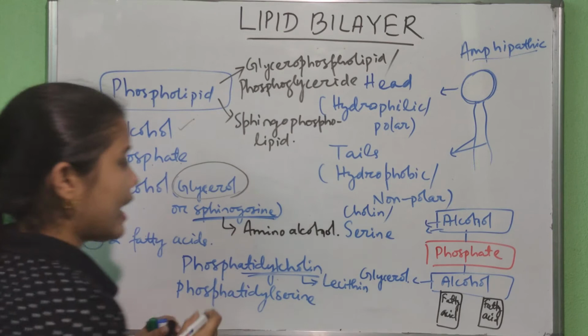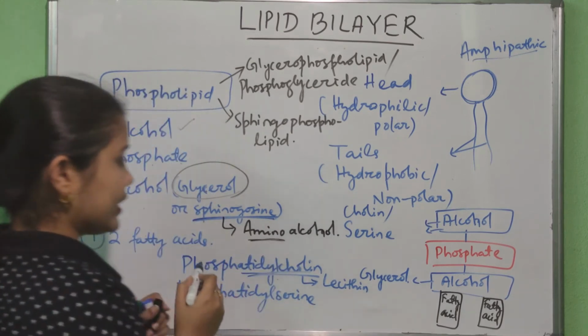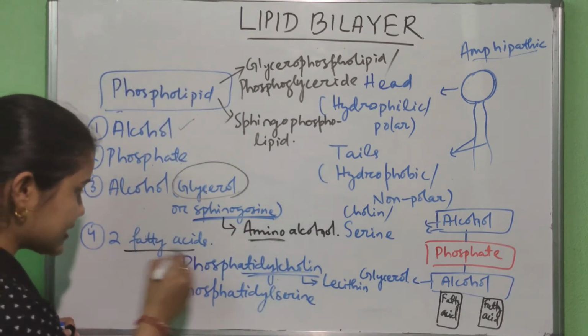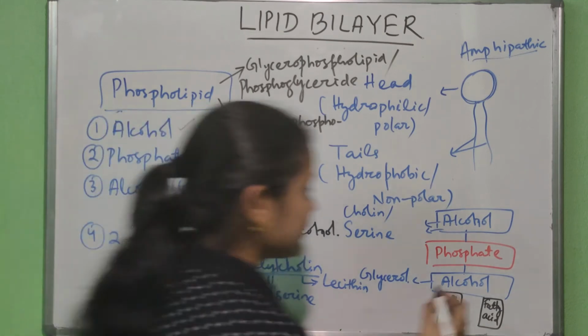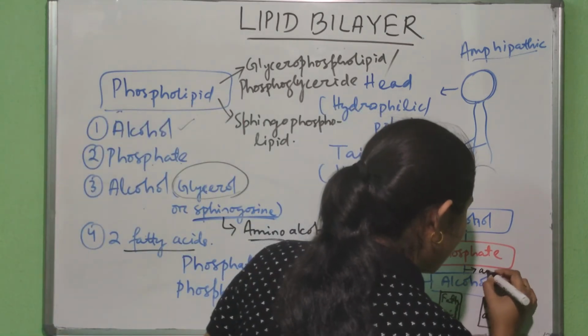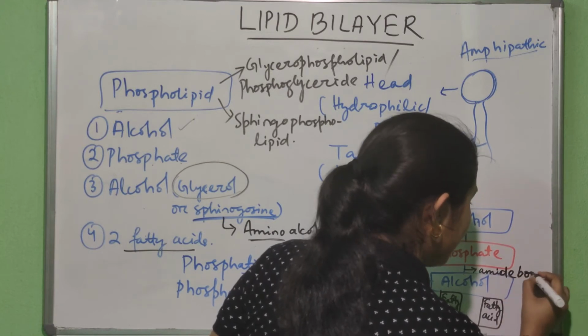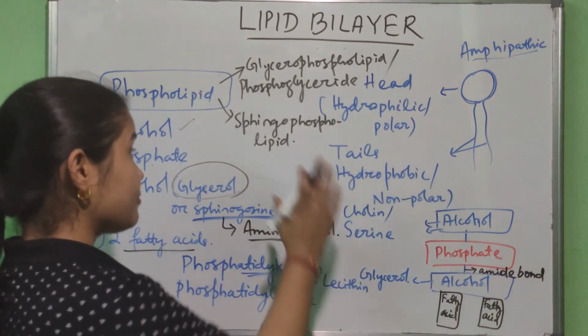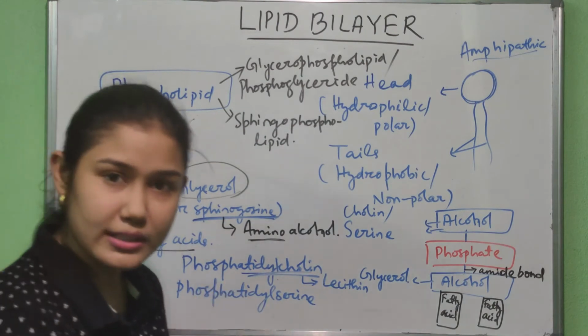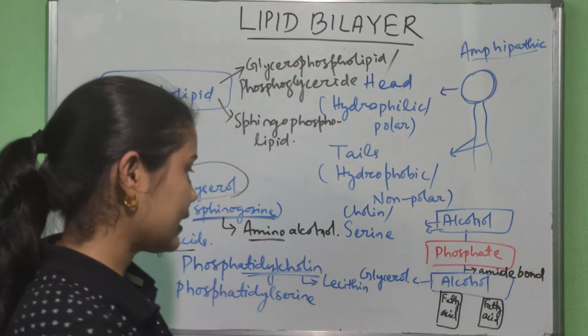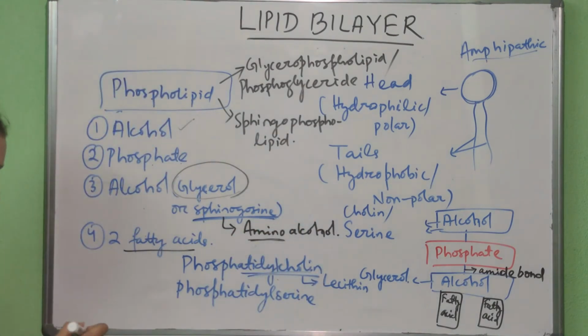And this amino group is attached to the fatty acid through the amide bond. What kind of bond is this? This is the amide bond. In case of sphingolipid, remember that. Clear?